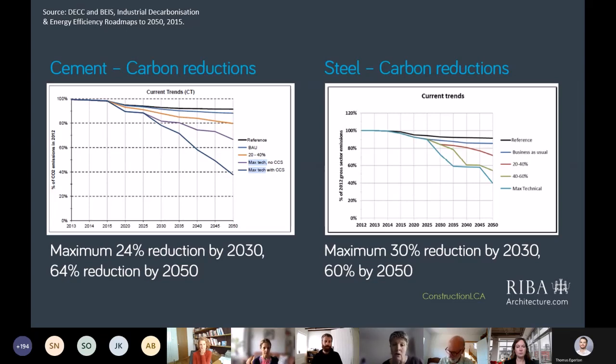We have got to do a lot of other things as well. That said, there are lots of these reductions going on. There are lots of things that material producers are doing. So please look at environmental product declarations, EPD, to try and find materials that have reductions. That's definitely something you should do. Next slide.